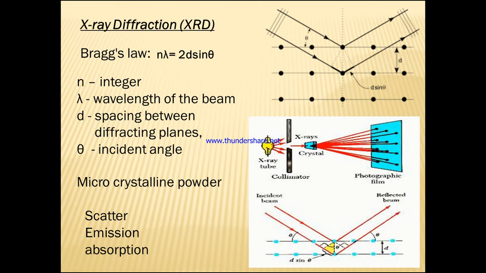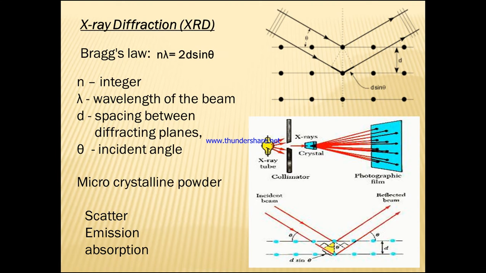When it strikes the metal or crystal, we see the scattering of the rays to get the photographic film. When high velocity electrons strike the metal target, it produces X-rays, and these X-rays fall on the crystal.